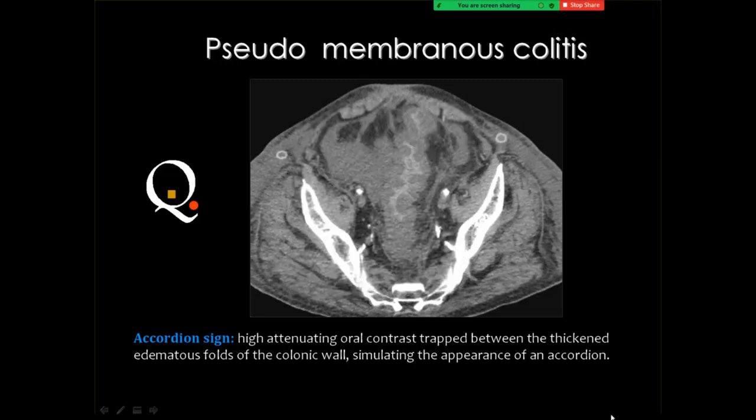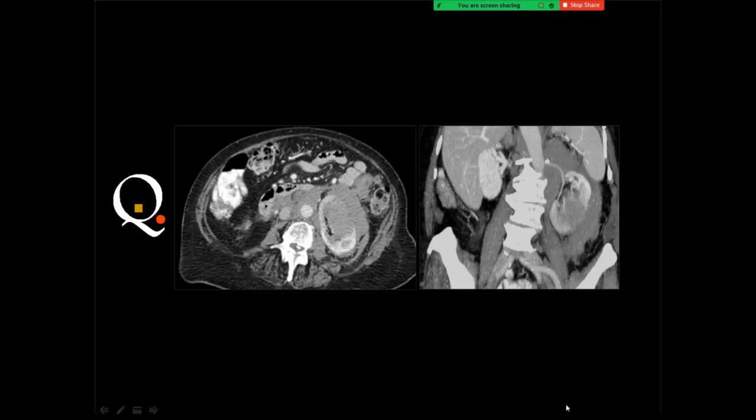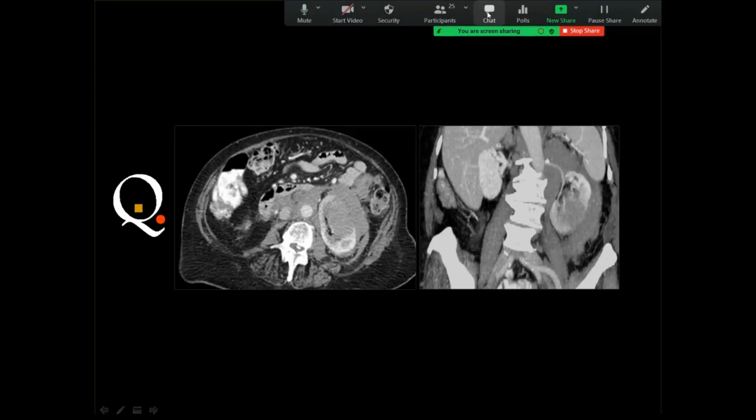The next case is a CT scan of the abdomen in the axial and coronal planes, and it shows some lesion in the retroperitoneum, and this lesion has extended to involve the kidney.